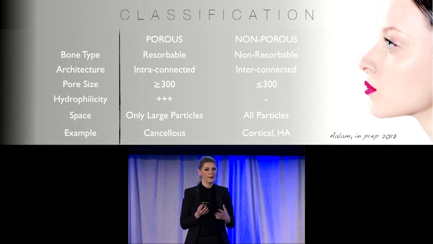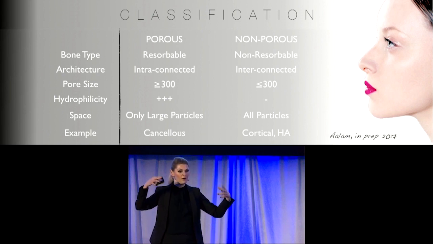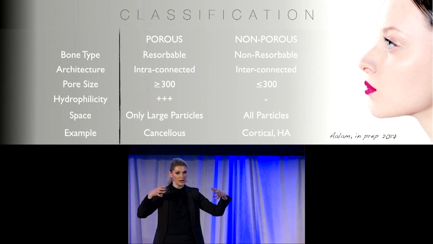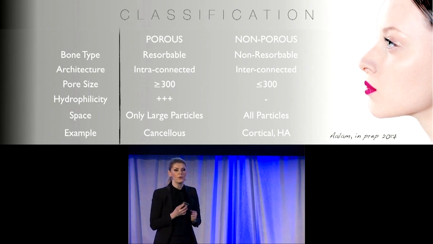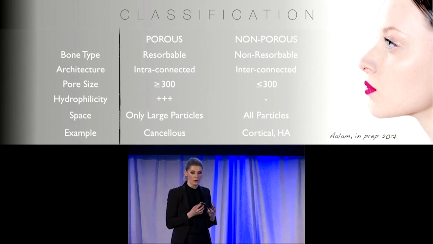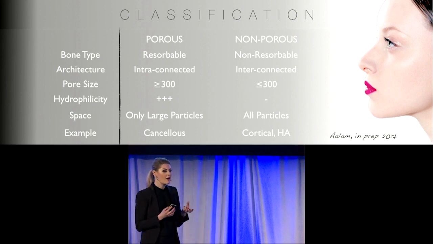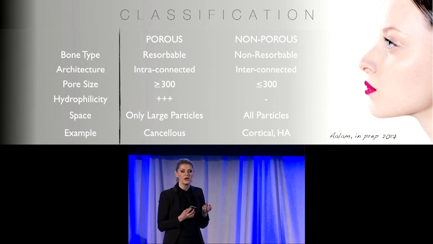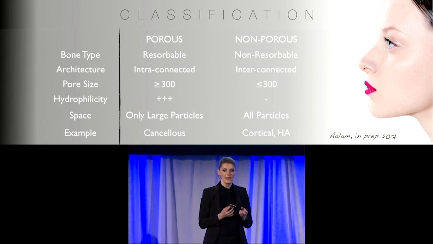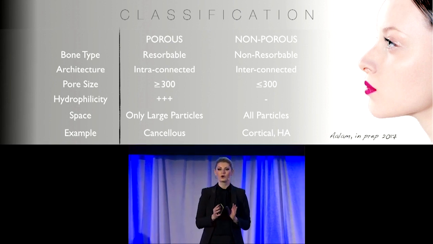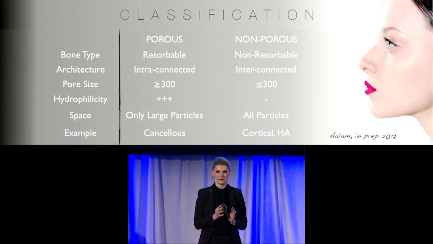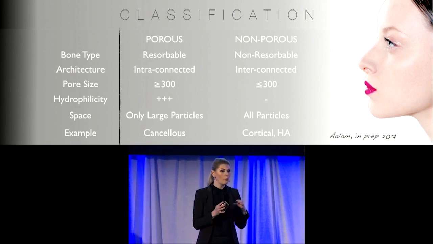Intra-connected, again, goes back to that complete revascularization of the blood going inside the bone particles and the pores of the bone particles. And these pores have to be at least 300 microns large. Now, I'm not talking at all about the particle size. I'm talking about the pore size inside each particle.